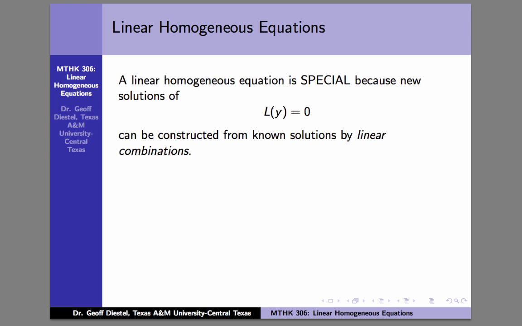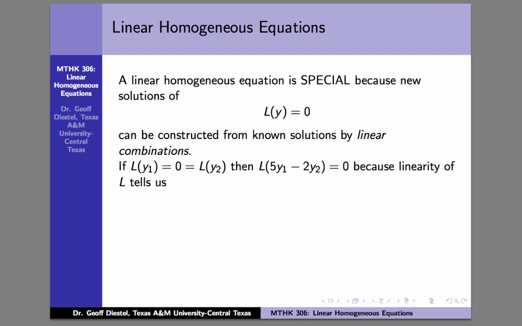Again, back to linearity. Because of the fact that we have 0 on the right side, we can find multiple solutions possibly. Again, in general, if it's a 10th order equation, we're going to find 10 different solutions. And we can add combinations of those together with different coefficients and create a new solution.